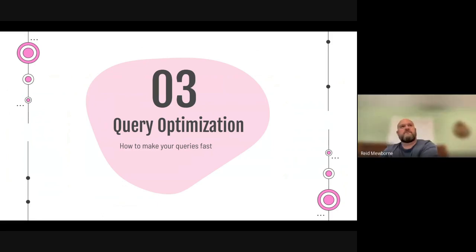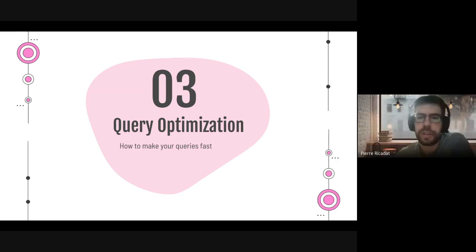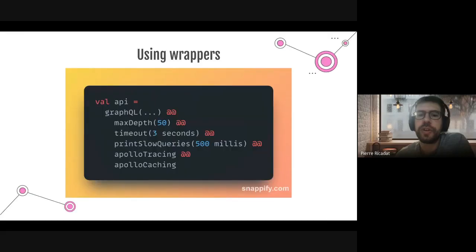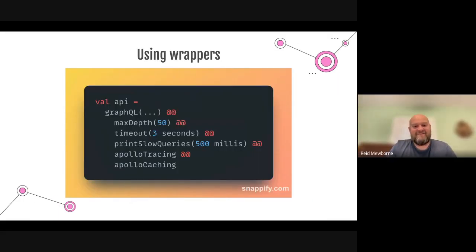Hi, we talked about recursive schemas and infinite queries. Does the max depth protect against that? If you leave off max depth, couldn't you query infinitely, or is that baked into the actual spec of GraphQL?